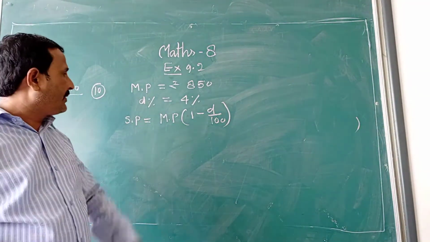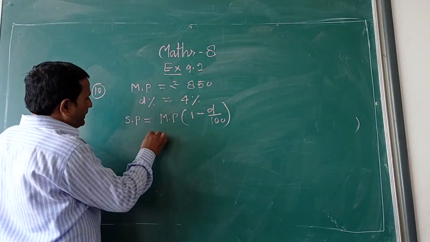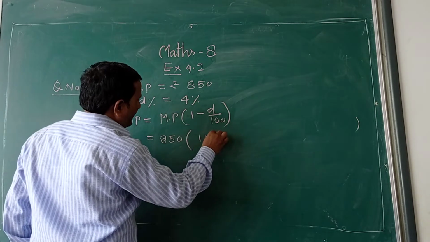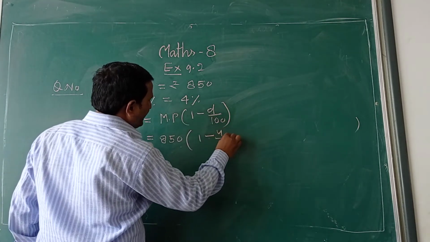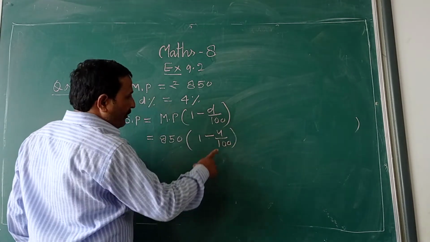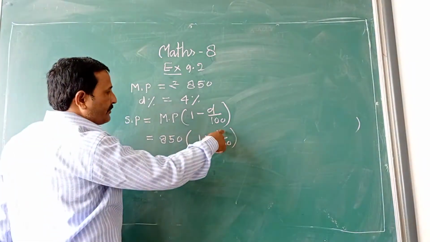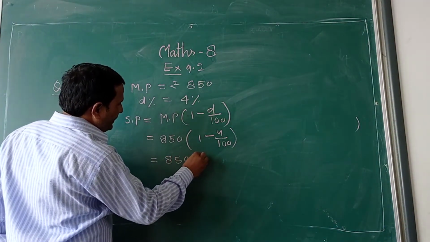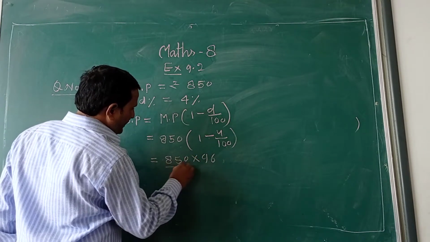Same formula. Marked price is given 850. Discount is given 4%. 100 minus 4 is 96. 850 into 96 upon 100.